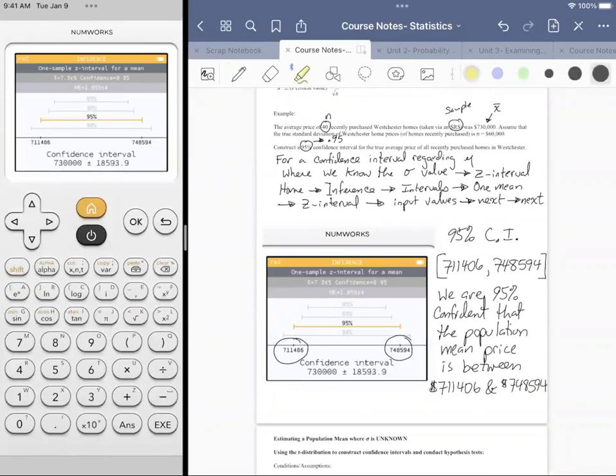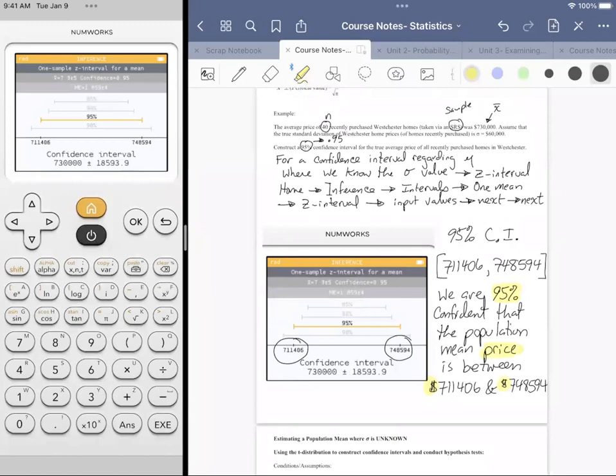All right. So I'll highlight the things that'll actually vary from problem to problem. It might not be a 95% confidence interval. It might not be related to price. And so therefore the units might be different. But everything else, that template should be the same.